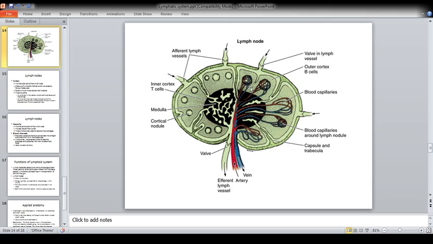So these arteries and veins would be present throughout the trabeculae. Alright, and these lymphatic channels would also be present throughout the trabeculae.